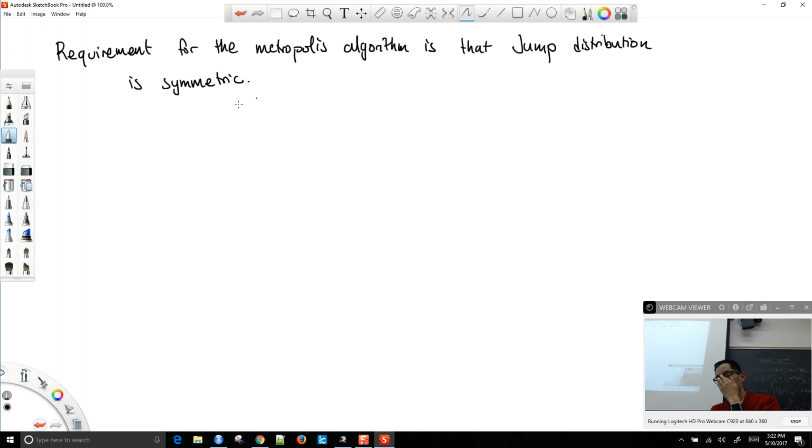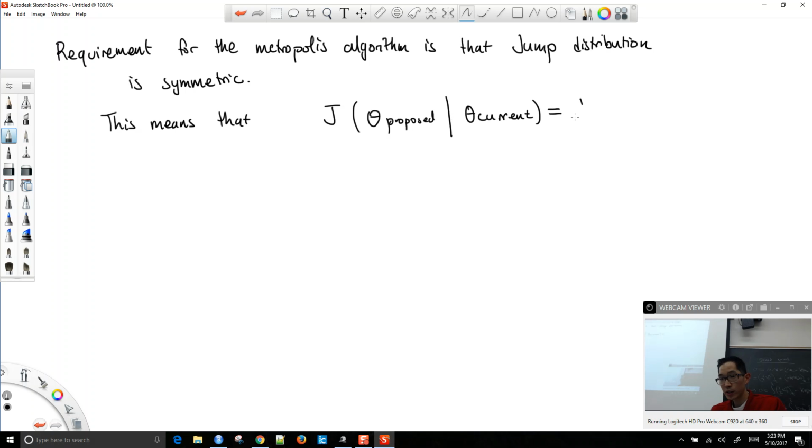That means that if we have the jump distribution of theta proposed, the probability of getting theta proposed given theta current is equal to the probability of getting theta current given theta proposed.